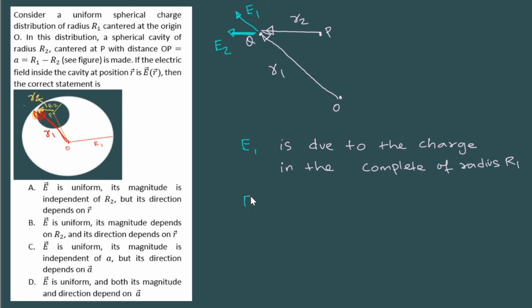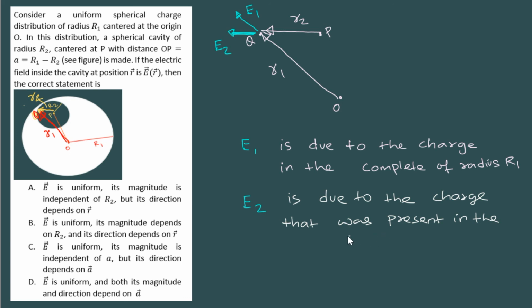So E2 is due to the charge that was present in the cavity. So now you don't have that charge.